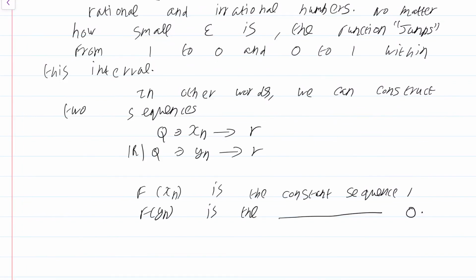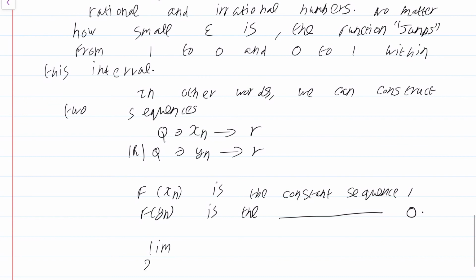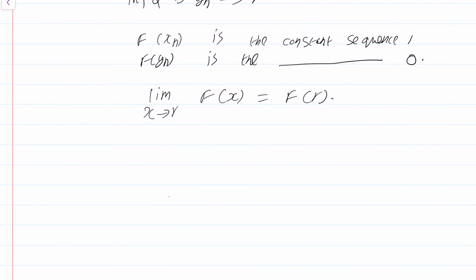This idea that a small change in the input produces only a small change in the output can be captured by saying that limit x going to R, f of x is equal to f of R, and f is continuous if it happens that for every point R in the interval, limit x tending to R, f of x is equal to f of R. This is what you learnt in high school as the definition of continuity.